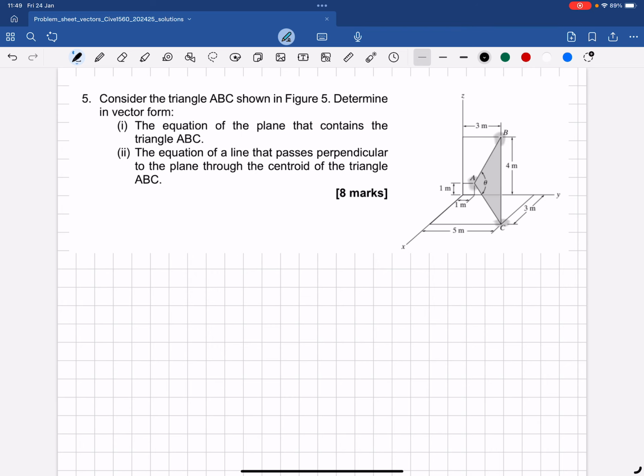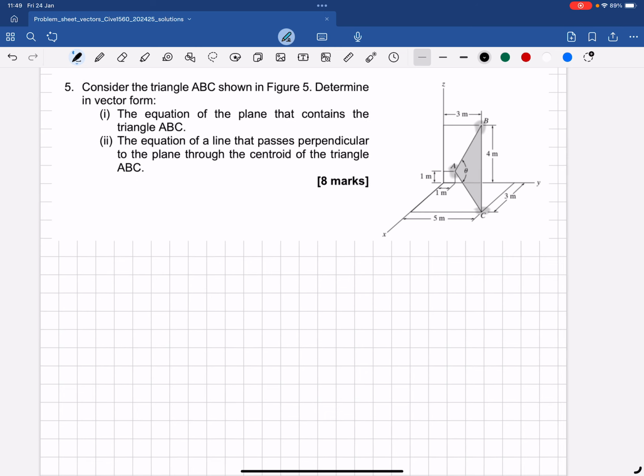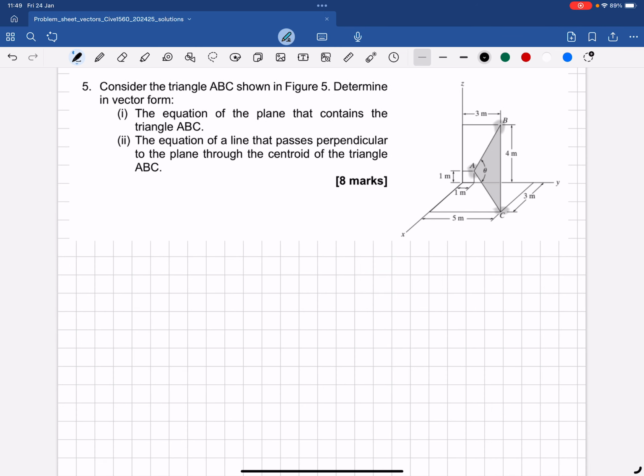So, question 5 here, the last question. This is about vector equations of planes and lines. Essentially we've got 3 points in space, A, B and C, and those define a plane in geometry. We can draw a plane through 3 points in space.